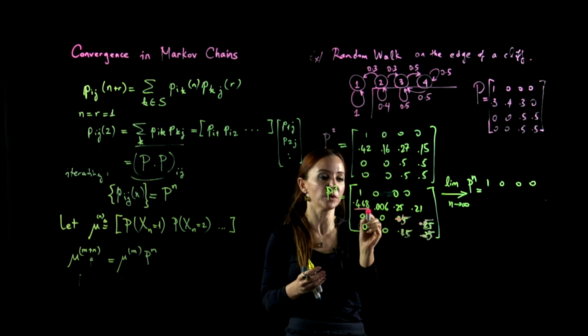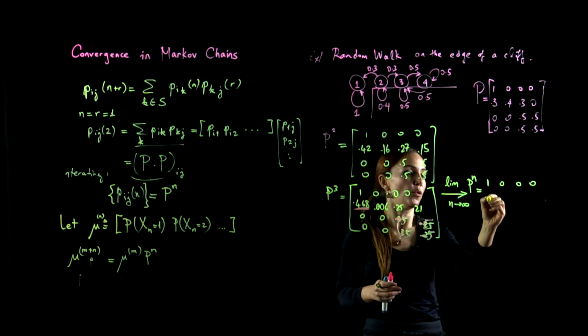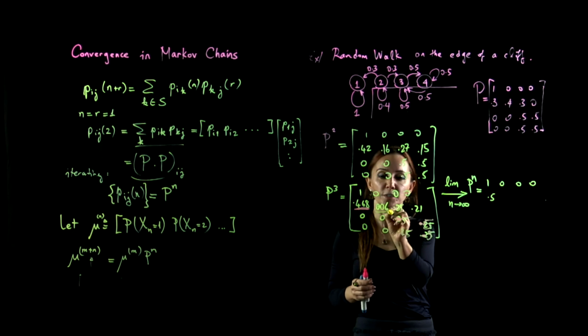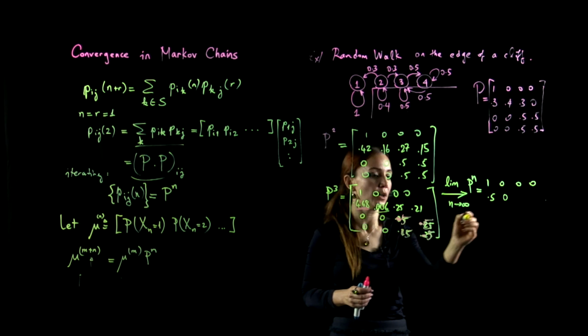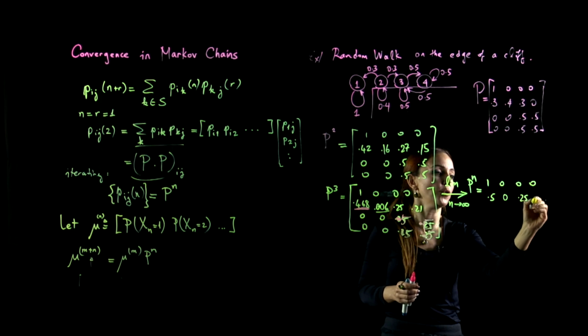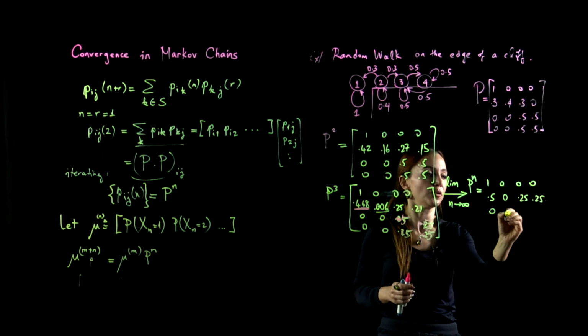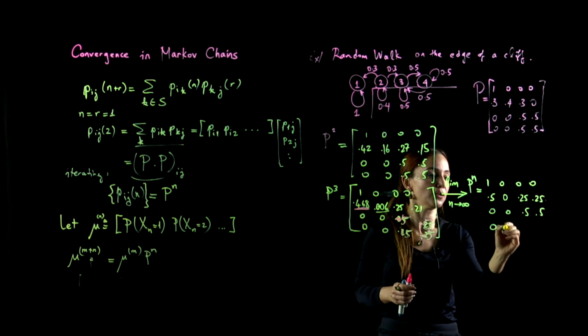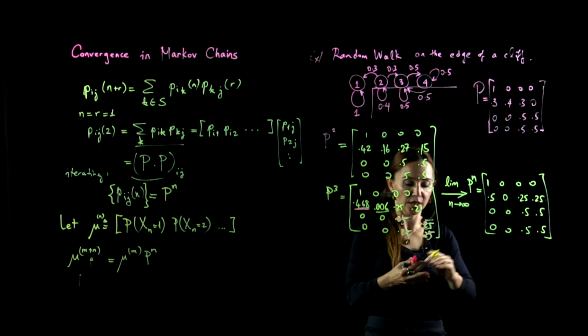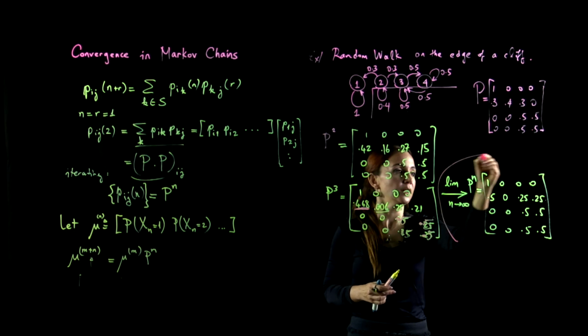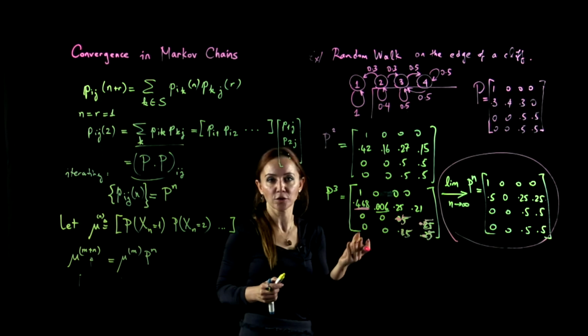This seems to be converging to 0.5, and this seems to be converging to 0, and it does really converge to 0. Then 0.25, 0.25, 0, 0, 0.5, 0.5, 0, 0, 0.5, 0.5. So this is the limit of P to the n as n goes to infinity.